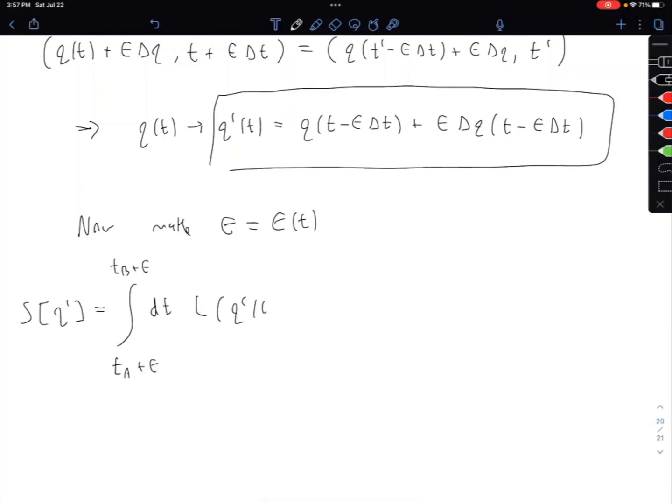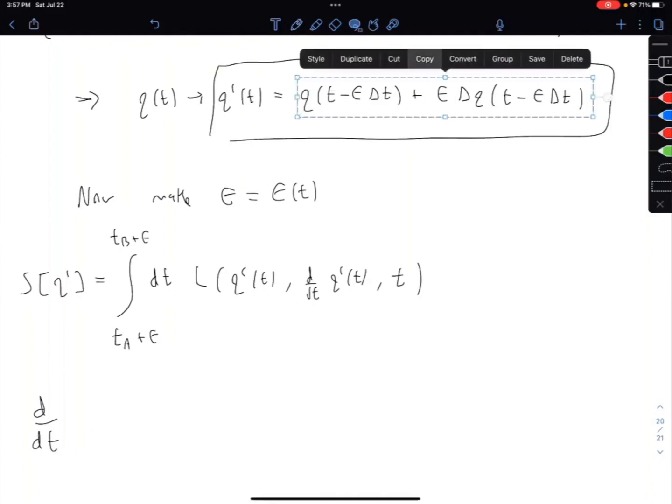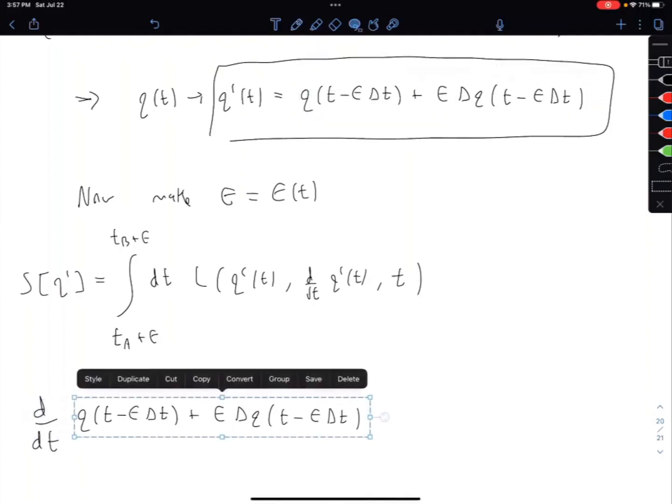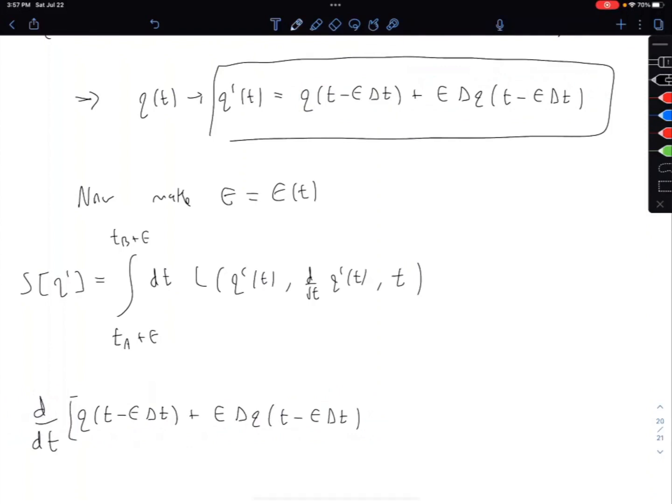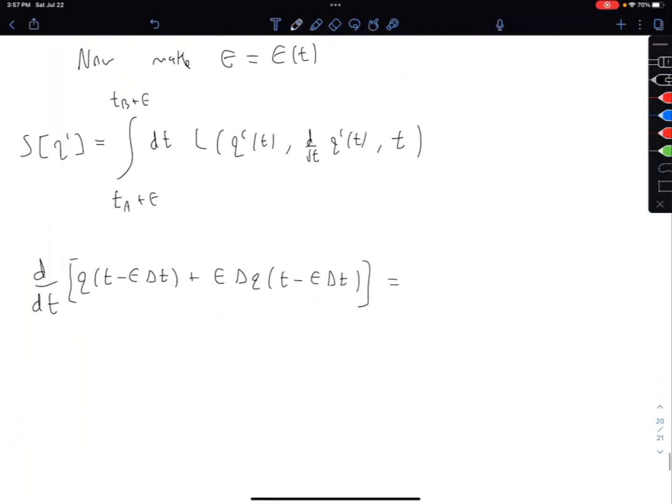This is just going to be the integral of L of q prime of t, d/dt q prime of t, right, by definition. And let's just expand the derivative, because that's always a useful thing to do. You're going to take the time derivative of this whole thing here. Use the chain rule.